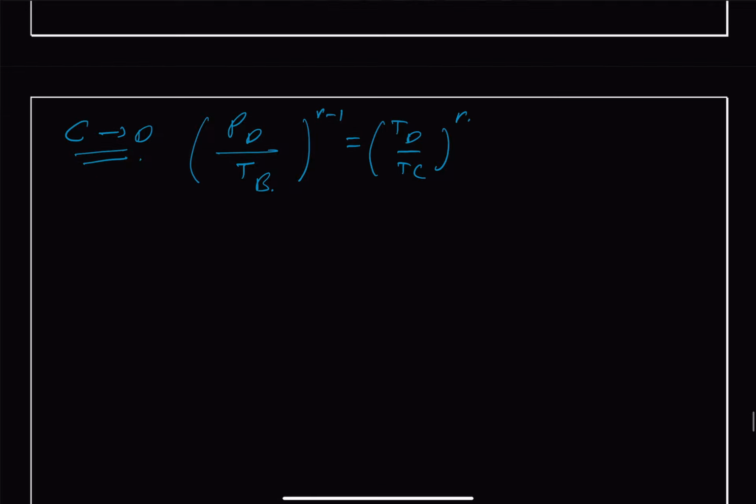Now we come to the final path, that is D to A. For D to A, PA upon PD is equal to TA upon TD.